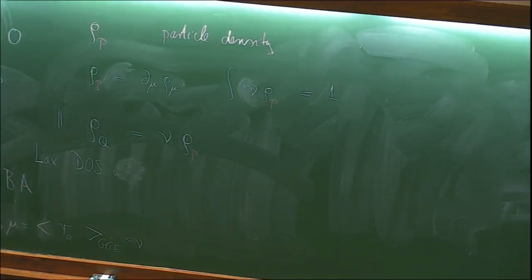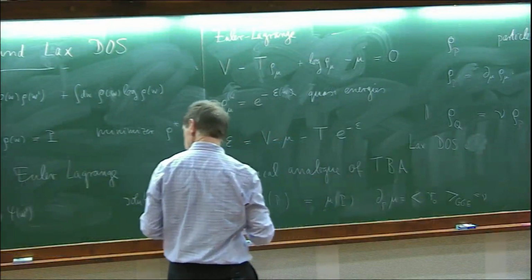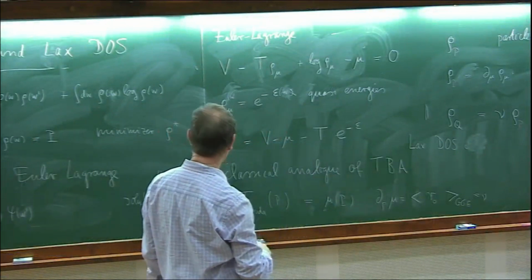Yes. You mean this one? Yeah. Well, epsilon is a function of w, right? So this is a function of w. This is a function of w. This is just a number. This is the operator T, which I erased.